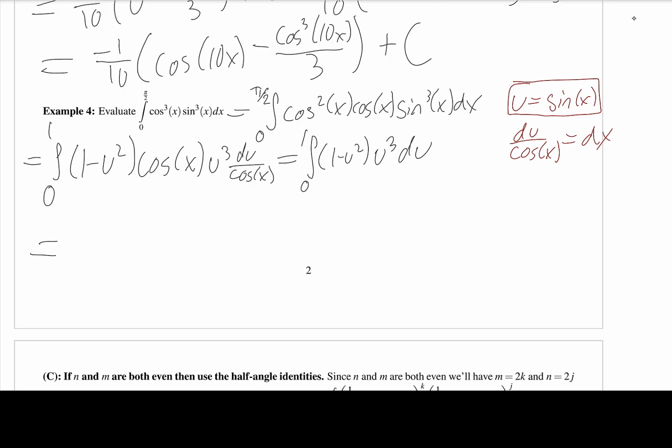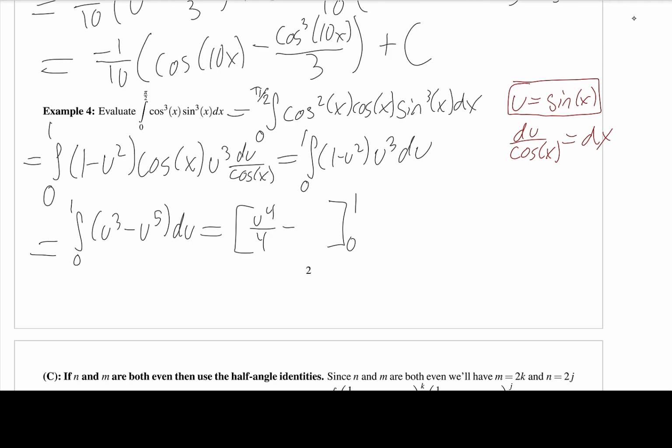So this is the integral from 0 to 1 of u cubed minus u to the 5th du. And so this is going to be u to the 4th over 4 minus u to the 6th over 6, evaluated from 0 to 1.